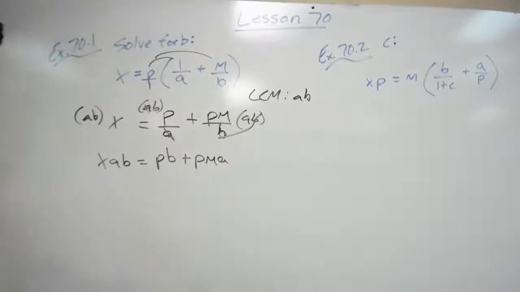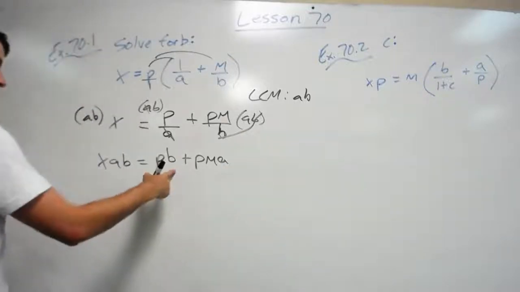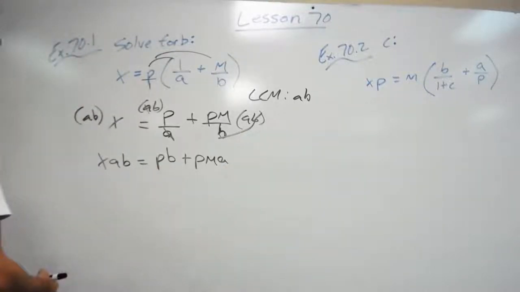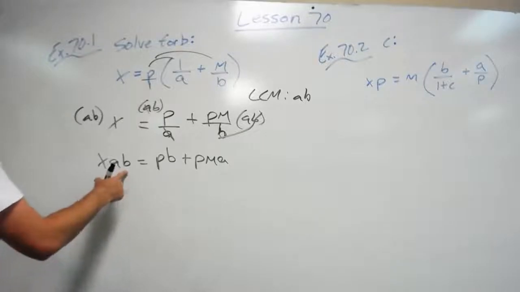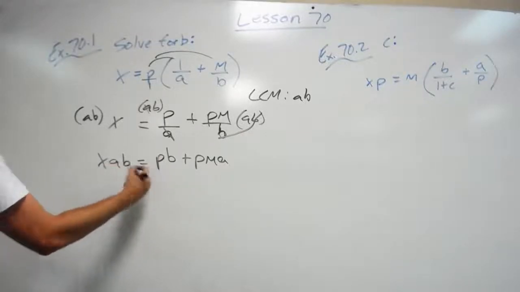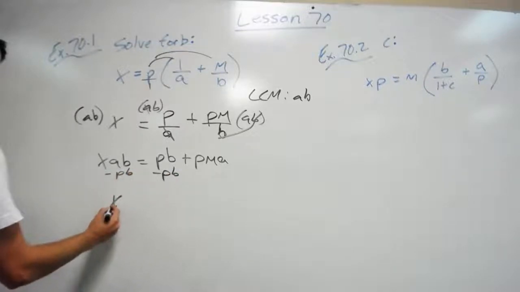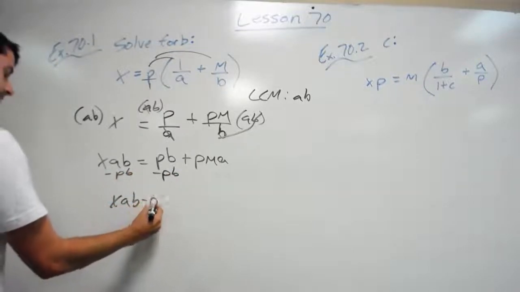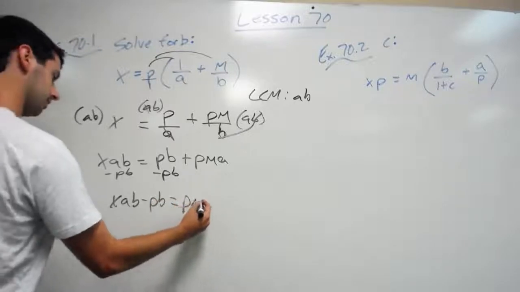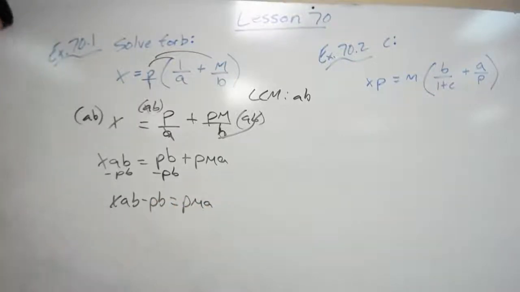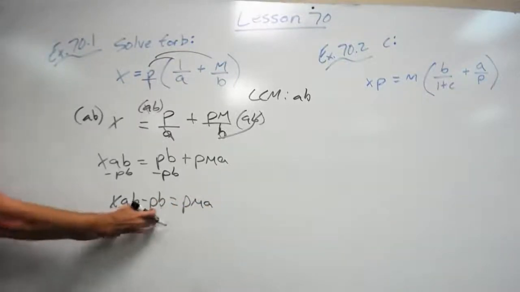Now from this point, the next step is to get the b's all on the same side. So here's a b, here's a b. I'm going to move the pb over here and be left with xab minus pb equals pma. Now remember, what was the purpose of getting all the b's on the same side?